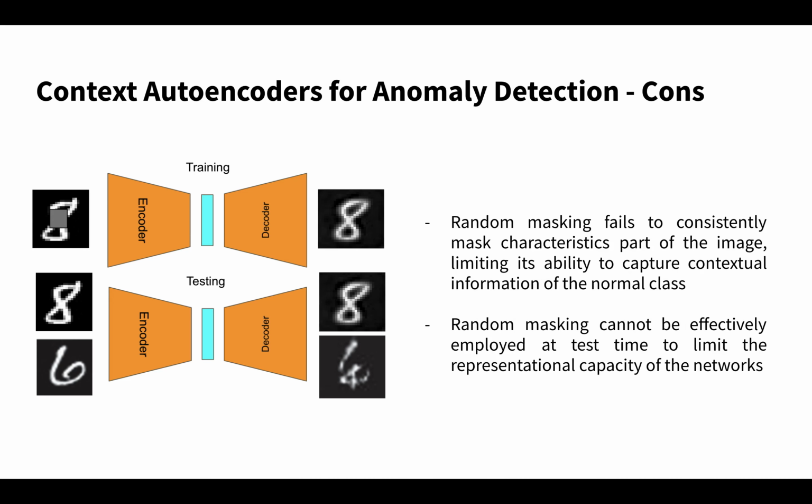Some of the drawbacks are that random masking fails to consistently mask important parts of the image. Additionally, random masking cannot be effectively deployed at test time to limit the representational capacity of the network because it introduces unwanted variation in the reconstruction errors of samples.